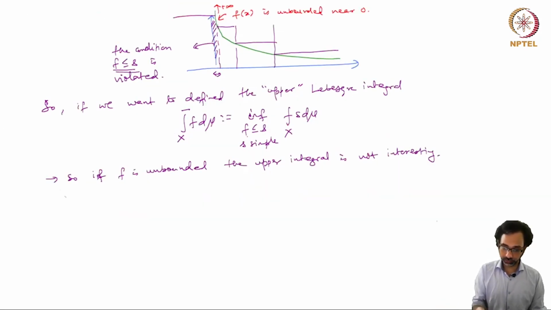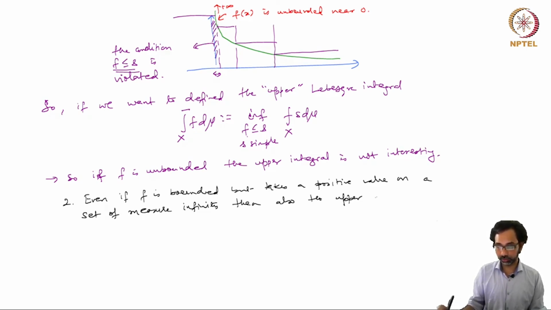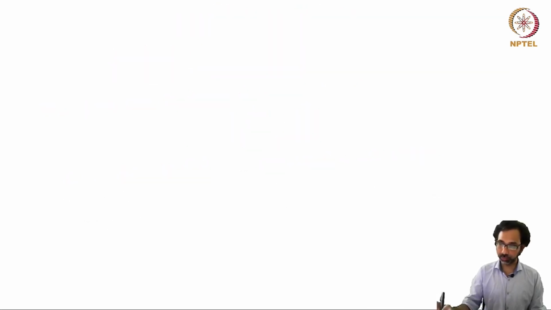In the second reason, we can also say that even if f is bounded, but takes a positive value on a set of measure infinity, then also the upper integral is not interesting.